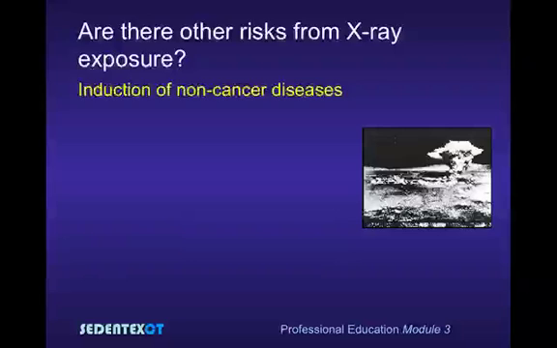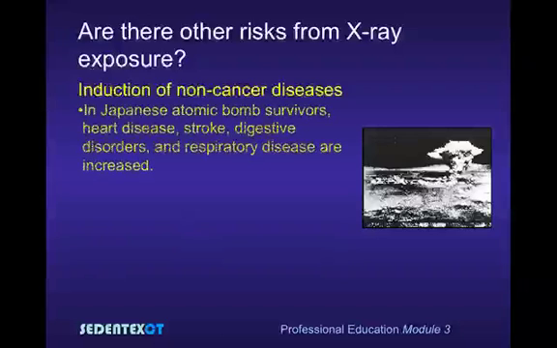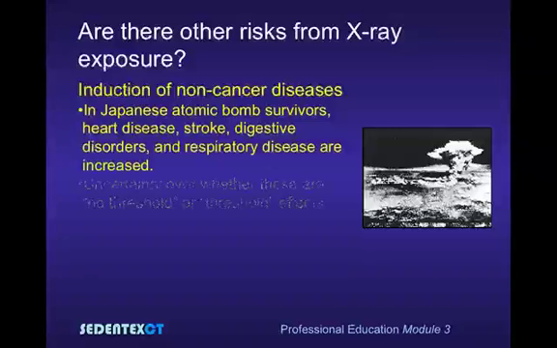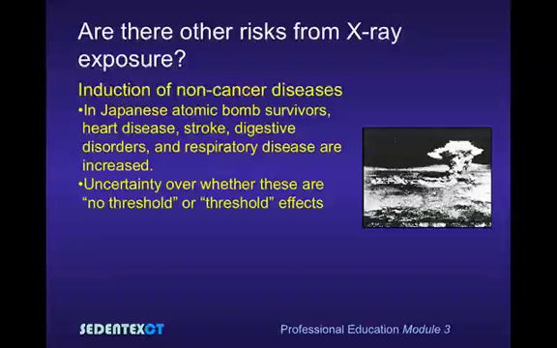X-rays may be associated with the induction of other diseases that are not cancer related. For example, in Japanese atomic bomb survivors, there is an increased incidence of heart disease, stroke, digestive disorders, and respiratory disease. And there is a considerable uncertainty still over whether these are stochastic or deterministic effects.